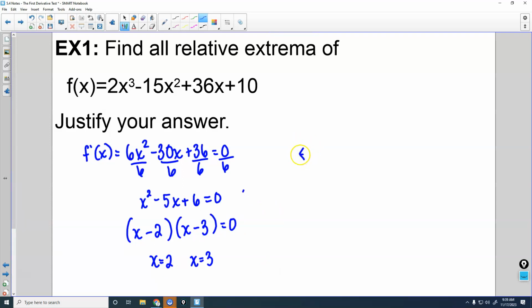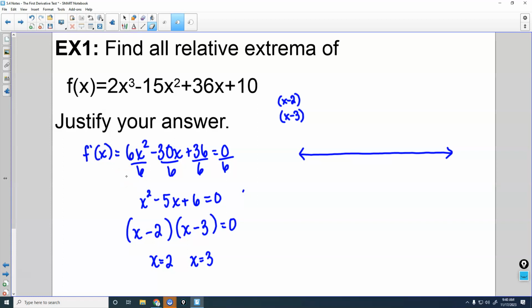Here is the way I would use a chart for this. So I would do x minus 2 and x minus 3. And actually, I divided off the 6. I really should have factored it out instead, because if that was a -6, it affects your sign. If it's a +6, it doesn't, because it's just positive.